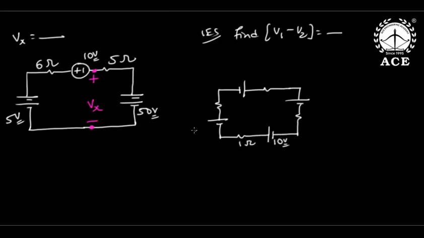Ten volts 1 ohm, 20 volts 2 ohm, 30 volts 3 ohm, 40 volts 4 ohm. So what is V1 minus V2? Do it, everybody.